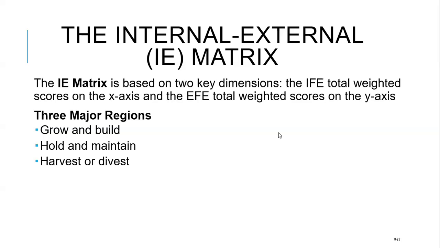And these include the grow or build region, the hold and maintain region, and the harvest or divest region. The names or labelings of the regions explain the circumstances that an organization may be facing or may be enjoying at a given point in time.